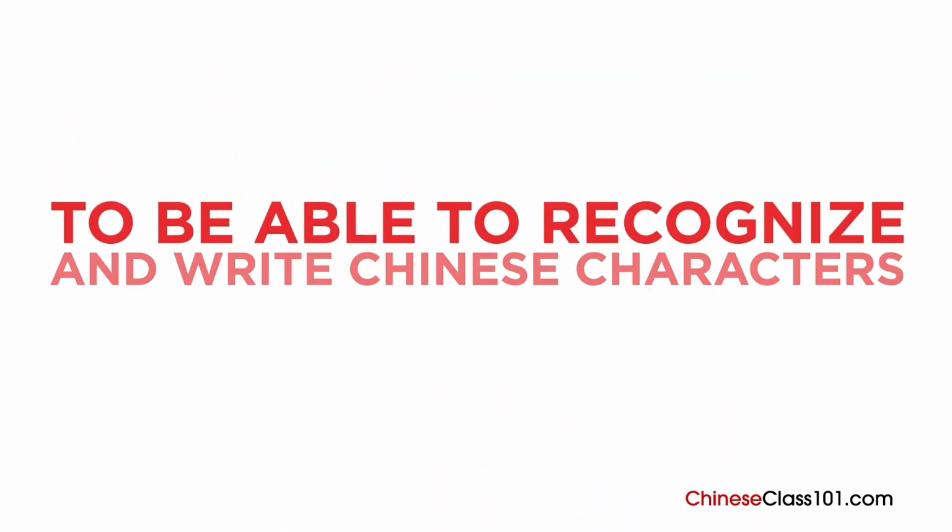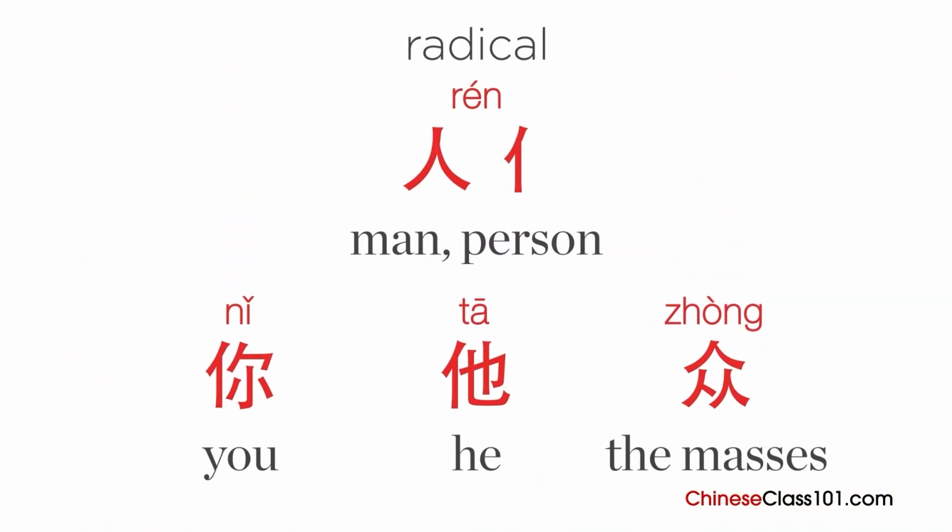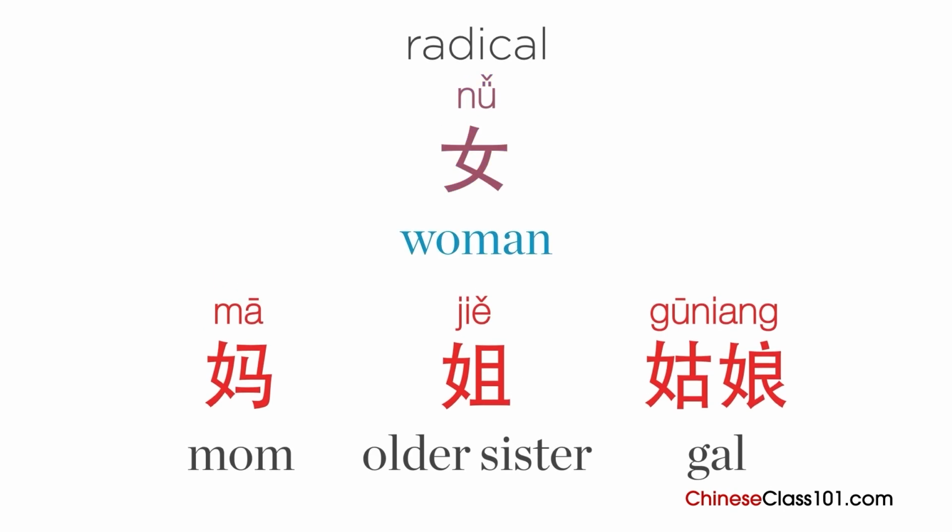To be able to recognize and write Chinese characters, you should know the basic radicals. Now we'll give you a few of the most commonly used radicals. 人 or its variation means man or person. It's present in words like 你, you, 他, he, 众, the masses. 女 meaning woman.